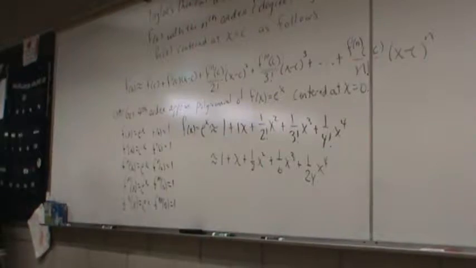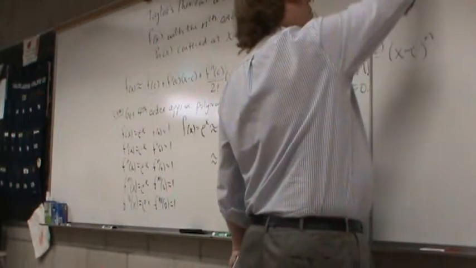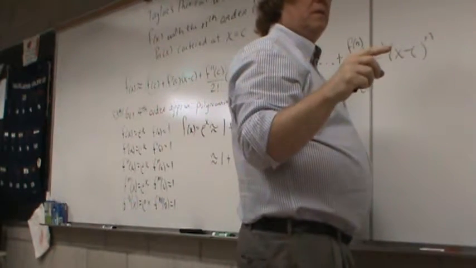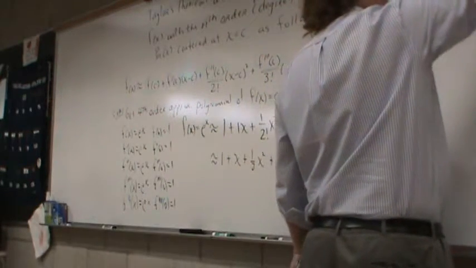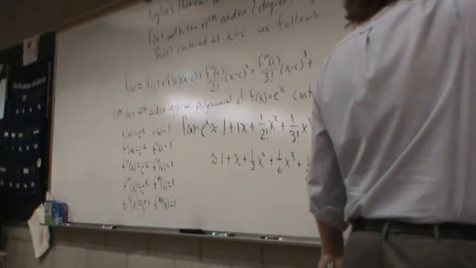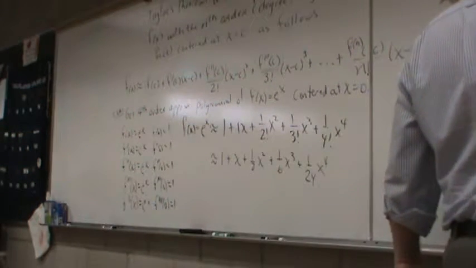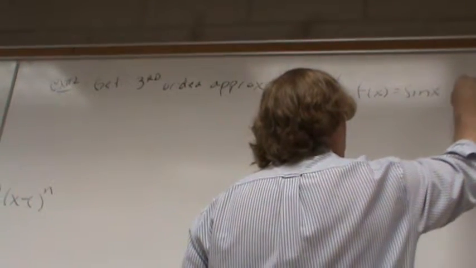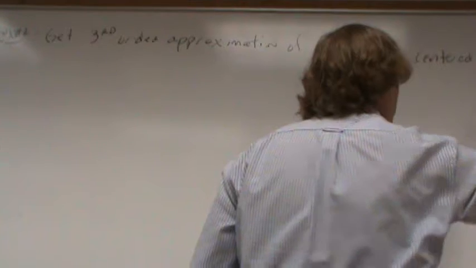Here we go. Example number 2. Get, just 1 second. Get third order approximation of f of x equals sine of x centered at x equals 0.